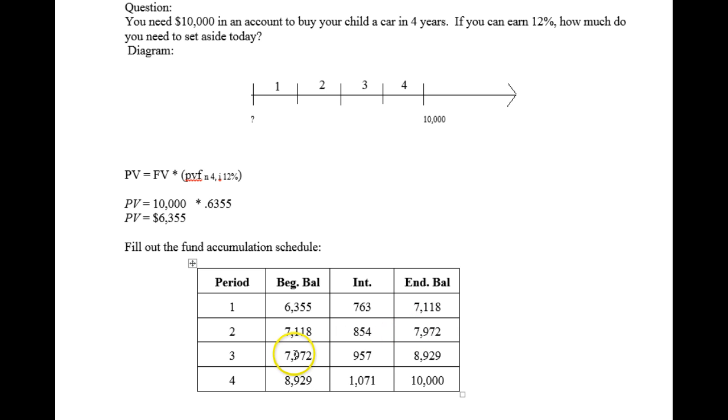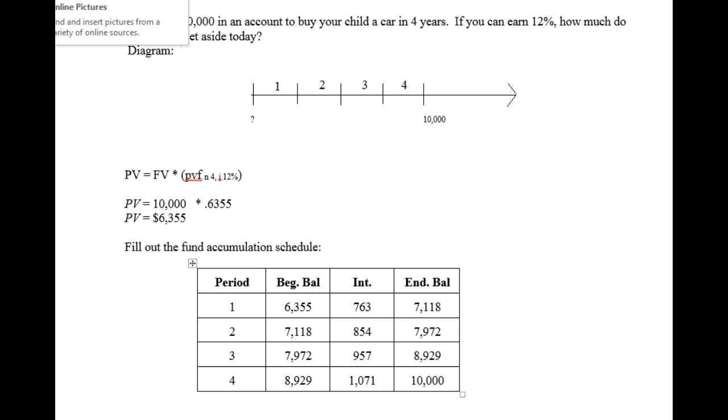The third year begins at 7,972, stays there all year, grows by 12% or 957, becomes 8,929. When invested for another year at 12%, it will grow by 1,071 and end up at 10,000. Notice it started with our present value and ended with our future value.